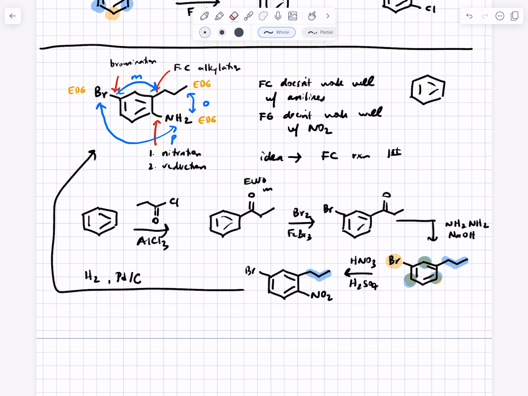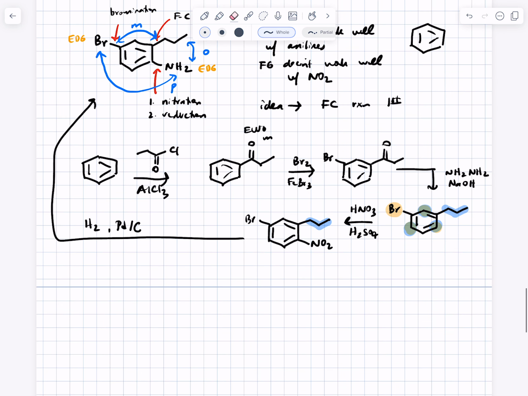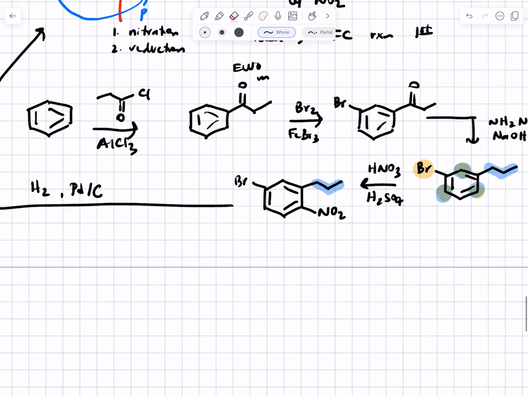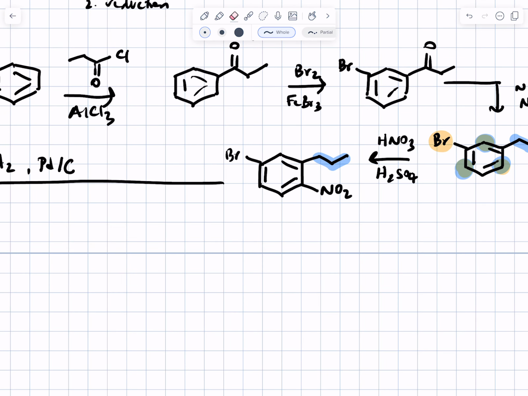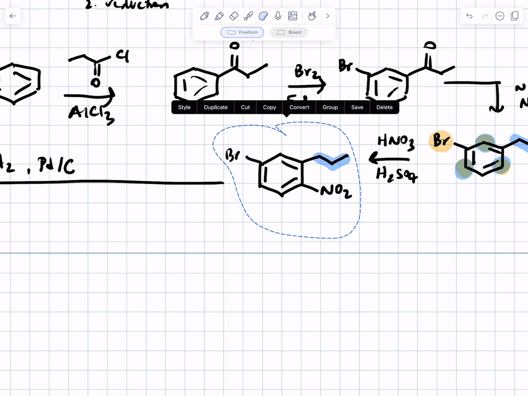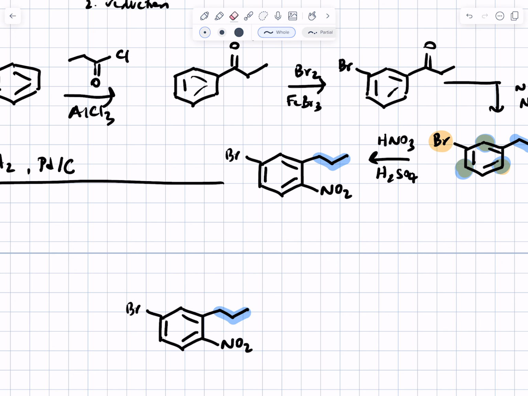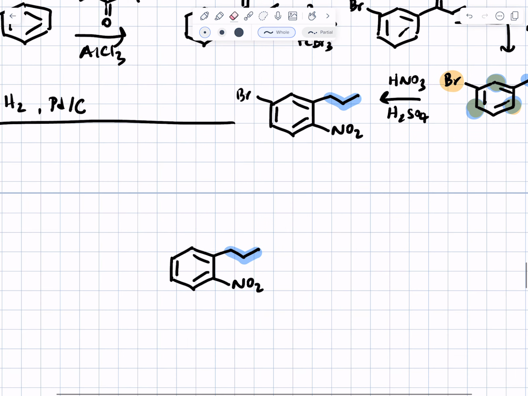Yeah? Would it be possible to do the alkylation and the nitration and then the bromination? So could you do the alkylation first, then the nitration, then the bromination? What you're proposing, I'm just going to copy and paste for the sake of it, you're proposing this reaction, and the issue is the donor group is going to win, and that donor group prefers substitution.